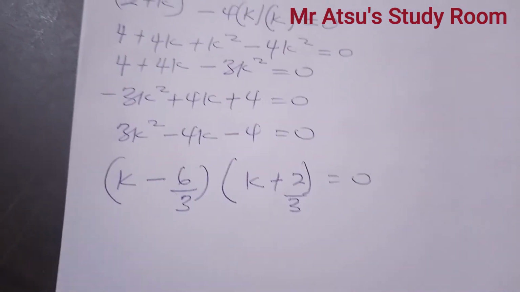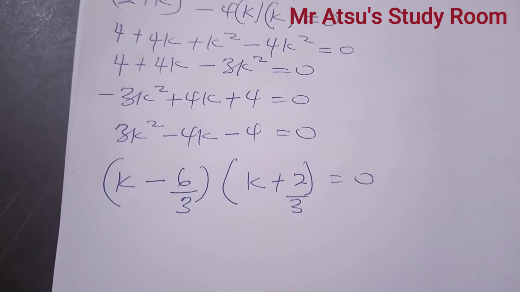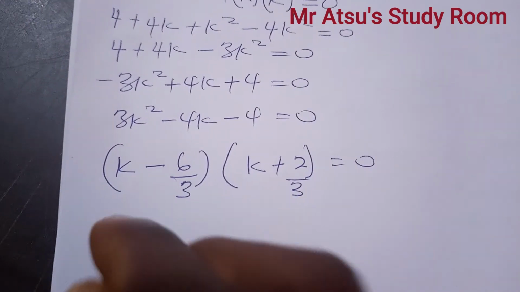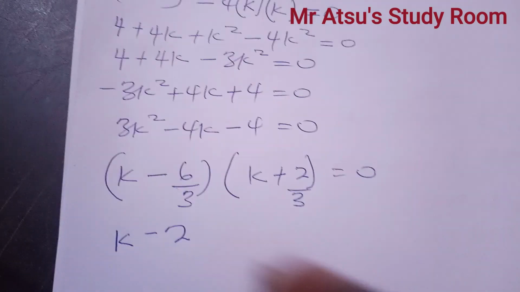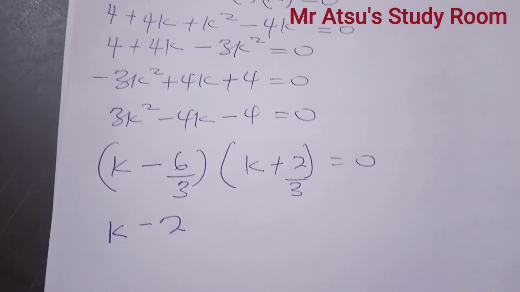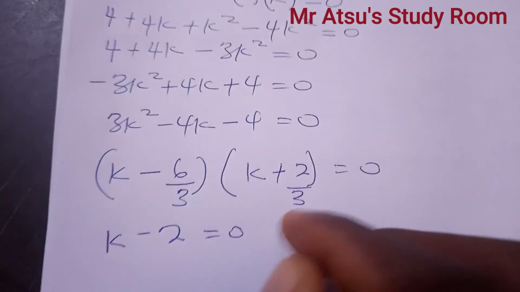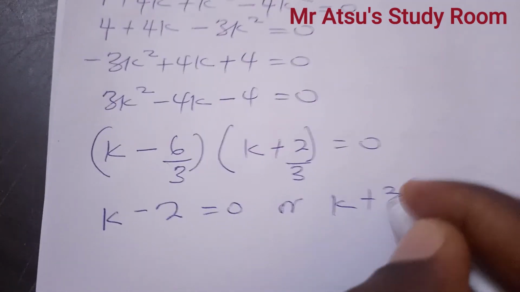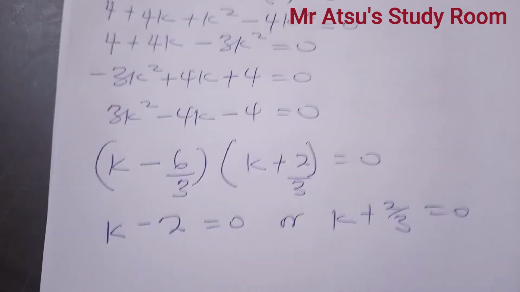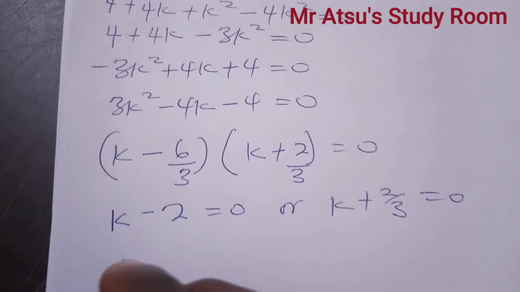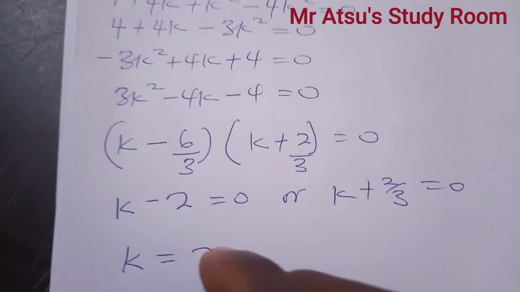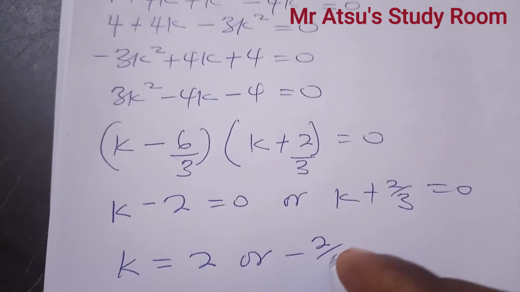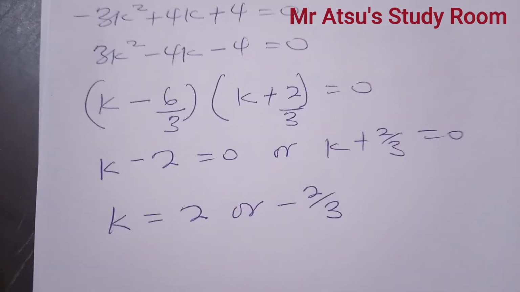Using the factor analogy, it is either k minus 2, because 6 divided by 3 is 2, is equal to 0, or k plus 2 over 3 equal to 0. That means our k will be equal to 2 or negative 2 over 3.